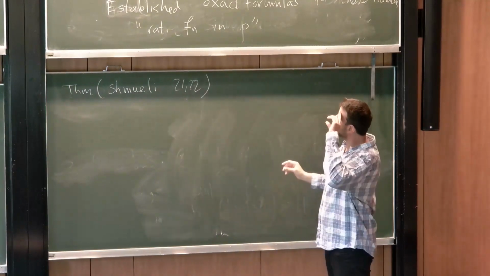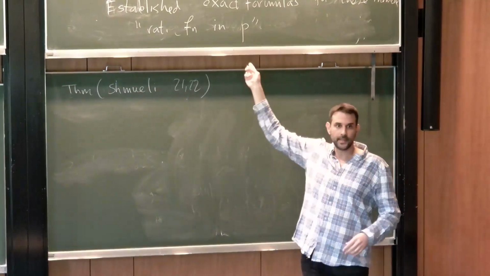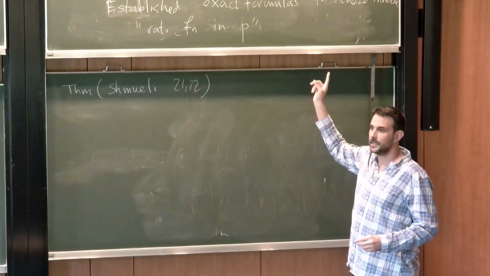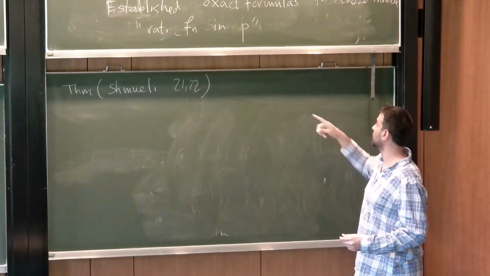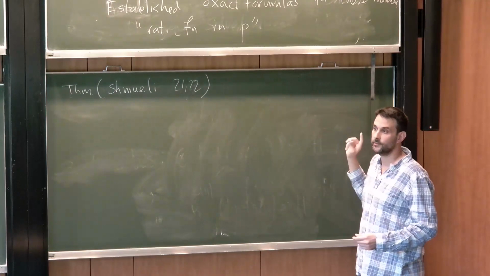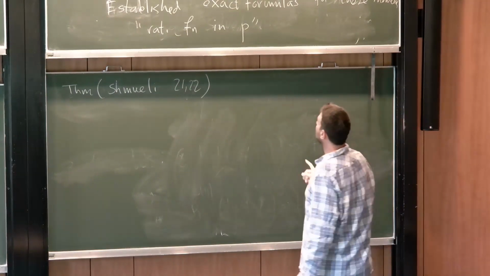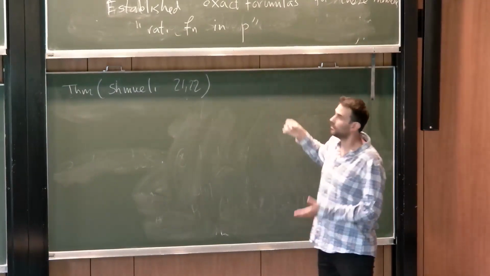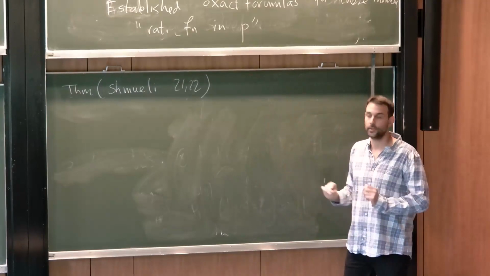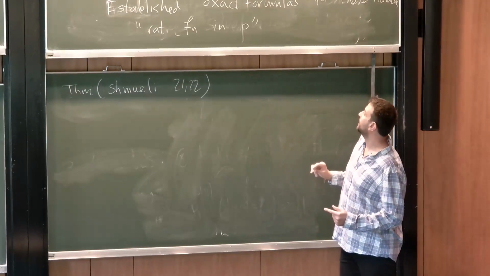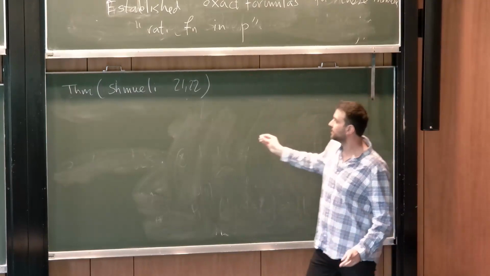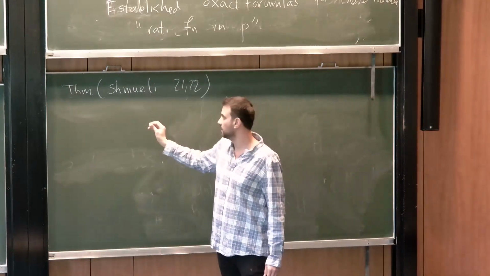It's two papers. In the first paper, he computed the average, but this was before the result of Bhargava, Cremona, Fisher, and Galois. And in the second paper, he computed all the moments, or up to some condition that I will not get into.